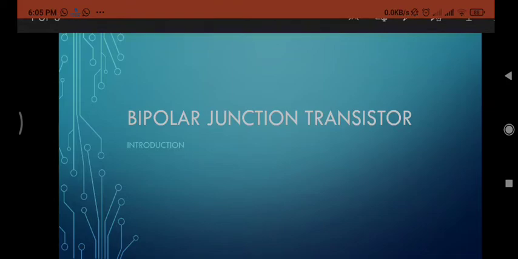The BJT is still the preferred device in very demanding analog circuit applications, both integrated and discrete. This is especially true in very high frequency applications such as radio frequency circuits for wireless systems. A very high speed digital logic circuit family based on bipolar transistors, namely emitter coupled logic, is still in use.